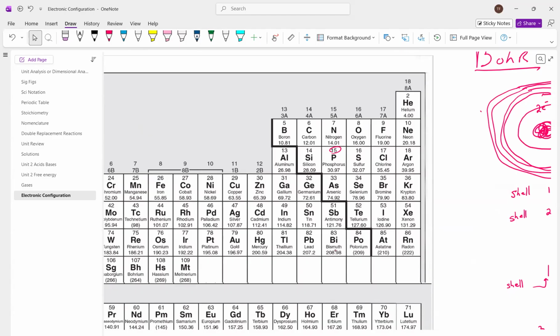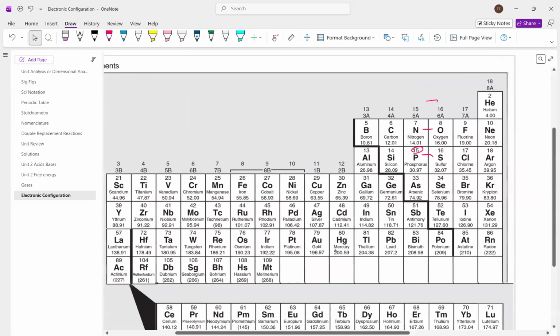If the point is on shell 3, like we're going to see in a minute here with phosphorus, notice it's 1, 2, 3. So that's shell 3. So our rightmost notation on the electronic configuration is going to be 3 something. And then if it's over here, for example, it's going to be 4 something.